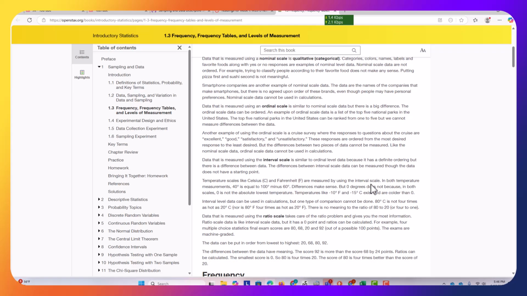Usually the only thing that falls in this is temperature. Your lowest and highest temperatures recorded on Earth, in one book, are negative 129 Fahrenheit and 134 Fahrenheit. Those values are examples of the interval level of measurement, because their difference is meaningful.